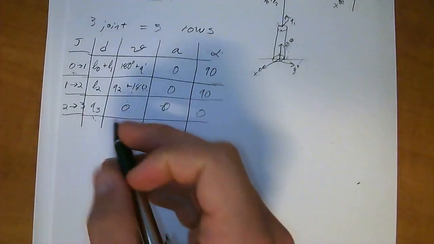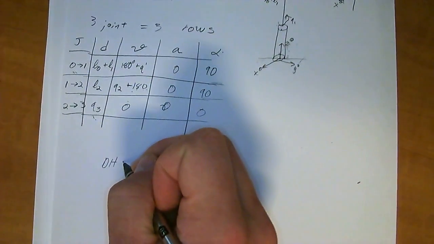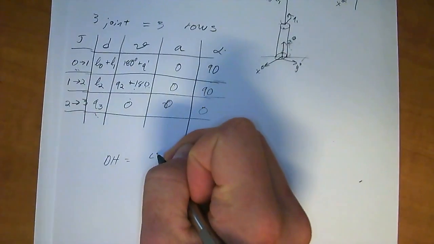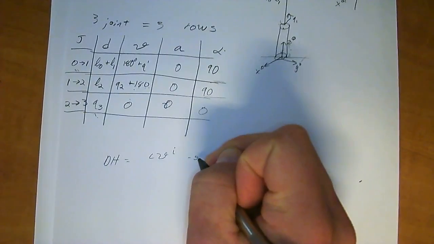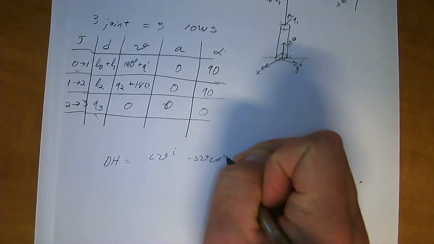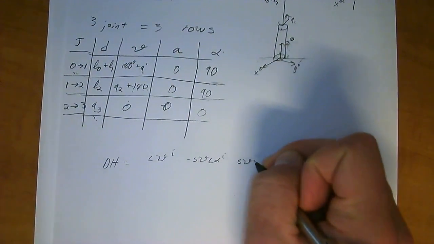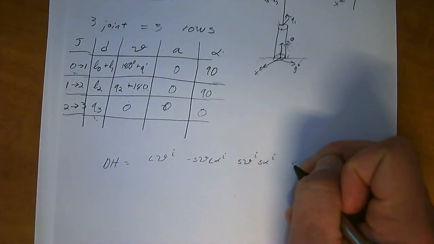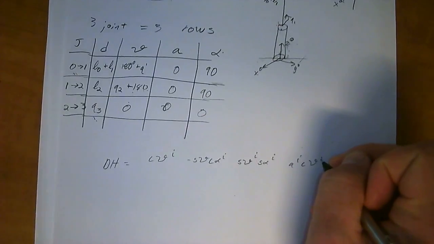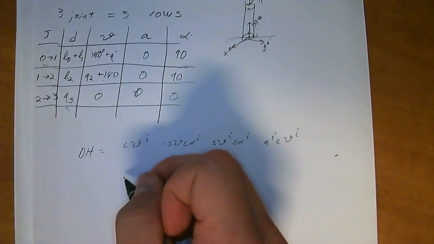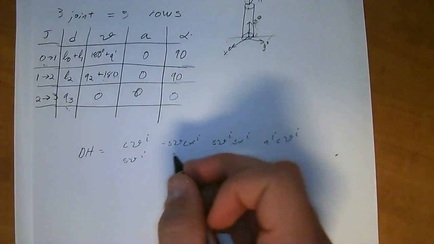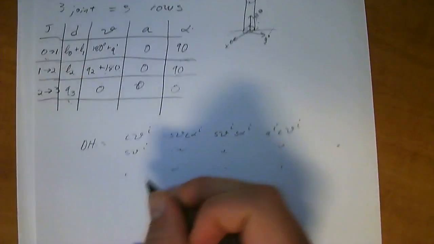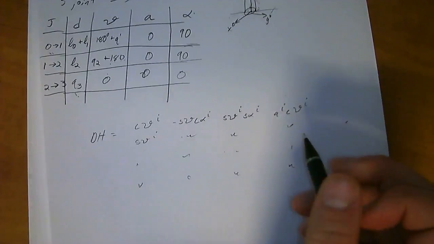From the DH, you have the DH equation, which is equal to, give me a second here. cosine zeta I, minus sine zeta I cosine alpha I, sine zeta I sine alpha I, a I cosine zeta I, sine zeta I. Actually, I'm going to let you fill in the rest of this, and I'll add a different video with all this stuff, but you should know this equation if you've been introduced to DH notation already.